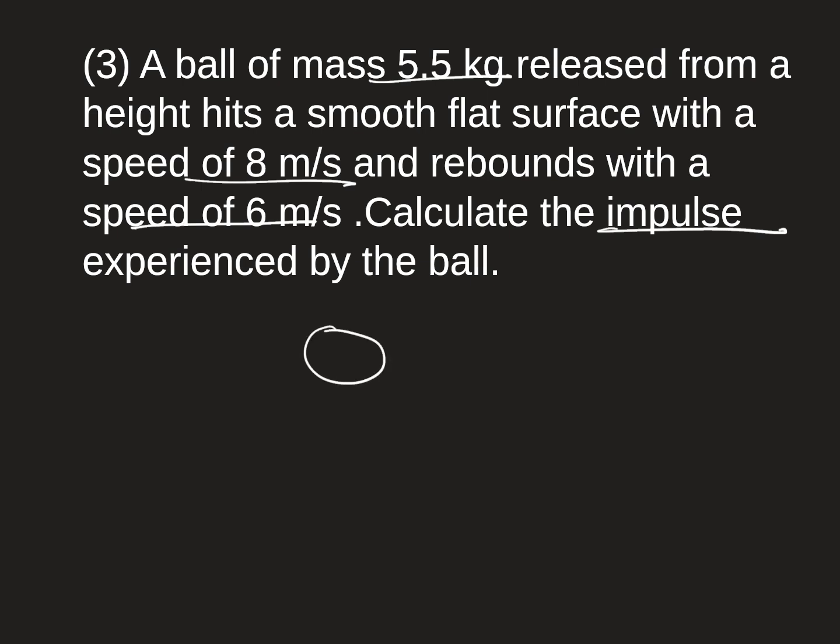So this is the ball, let's say at a height, and this is the horizontal surface. When the ball is released, it has an impact with the horizontal surface and then moves upwards again.